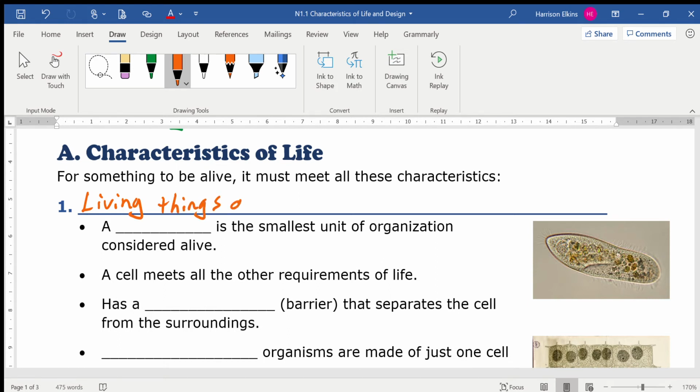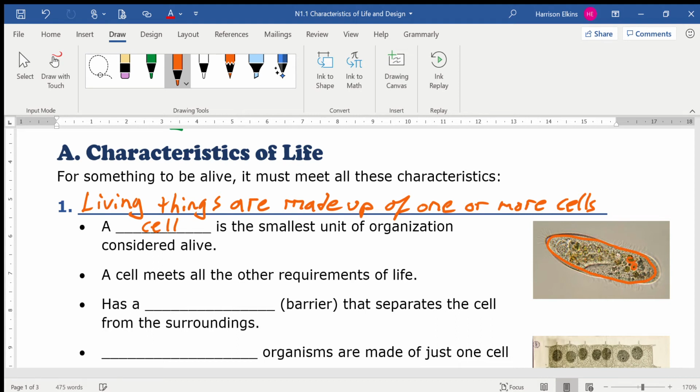Okay, so the first thing is that living things are all made up of one or more cells. Sometimes you have something that is just one cell, sometimes you have multiple cells, but basically a cell is the smallest unit of organization to be considered alive. So this is a cell, okay? Super tiny. You can see it through the microscope.